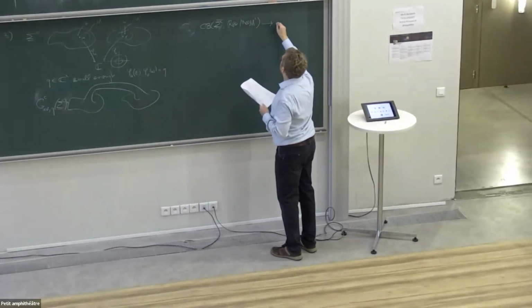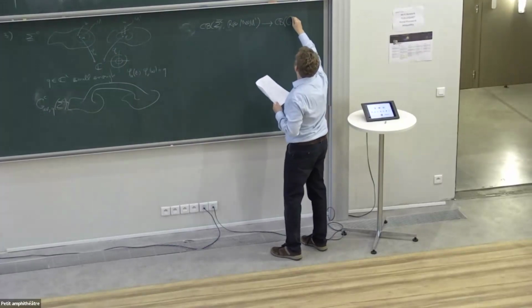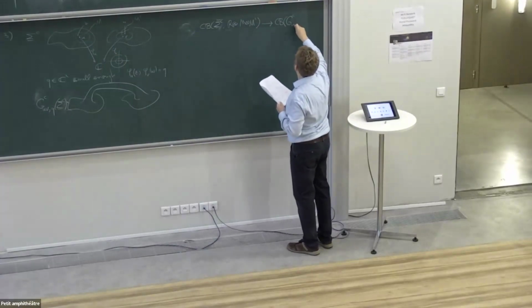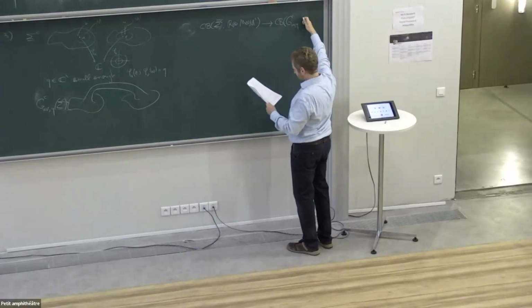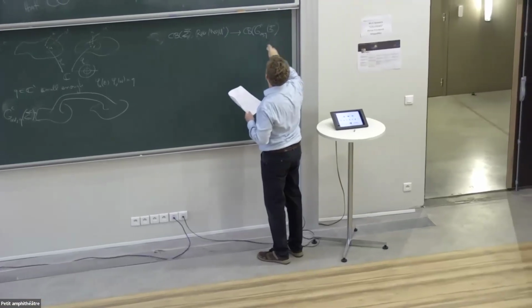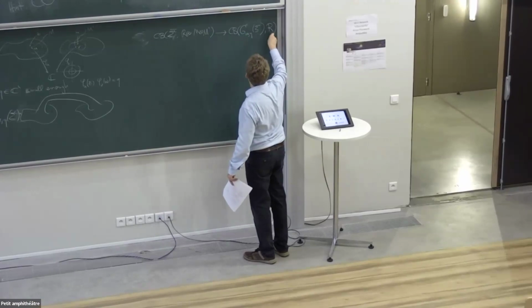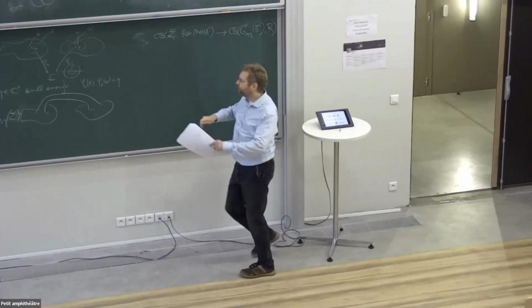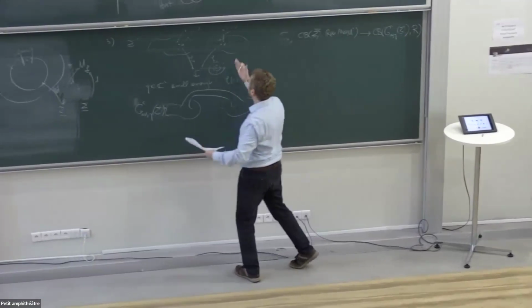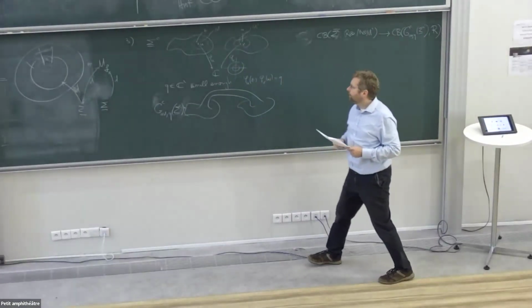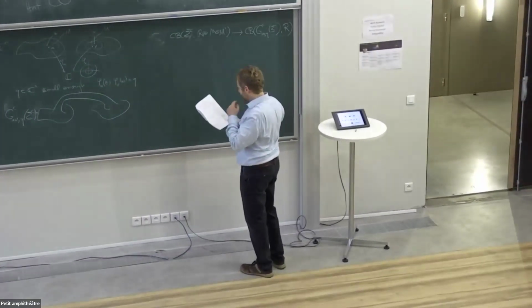And I want to get a map to conformal blocks of the glued surface, where these two labels get absorbed, but the other labels stay the same. Outside I'm not doing anything, I'm just modifying the surface near the points.